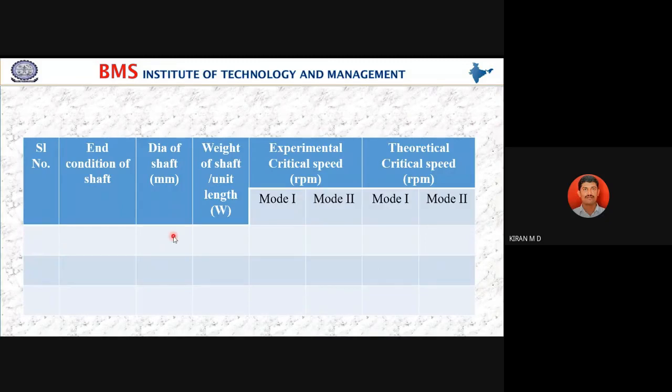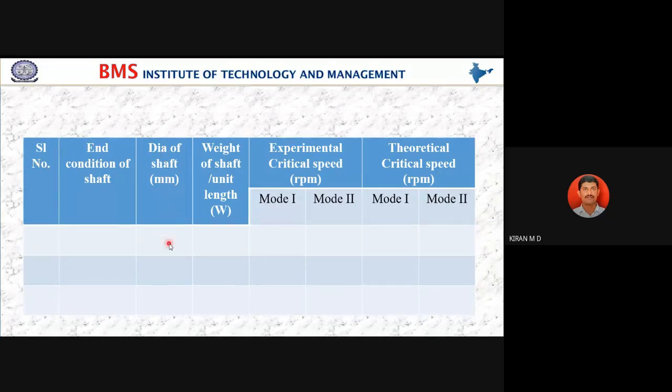Like that you are going to get the 4 conditions. Here we are considering both ends are fixed using bearing. So by using that condition, we have only one condition to conduct the experiment. So for that, both ends are fixed.